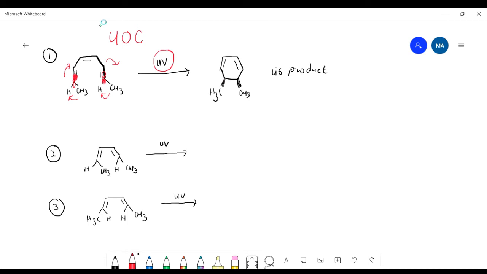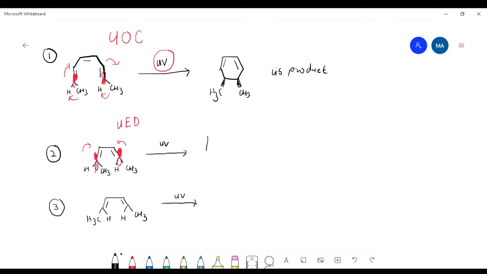Now let's go for the second one. This is also UV, so with an even number, it should be disrotatory. Then we draw the p orbitals. In disrotatory, the like phases should be on the same side, so clockwise, anticlockwise. So what will happen is that this will go here, this CH3 will go down here, then this will go up.